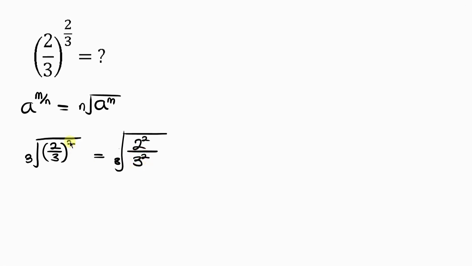So we've been able to distribute this power of 2. And this can further be simplified into the cube root of 2 squared is 4 all over 3 squared is 9.